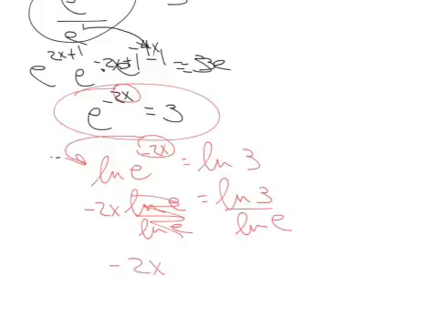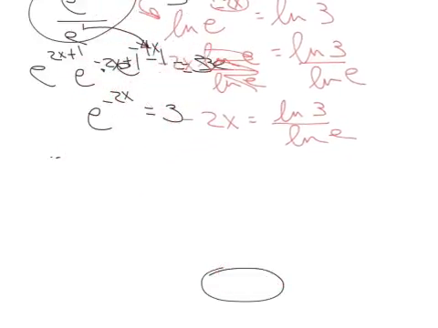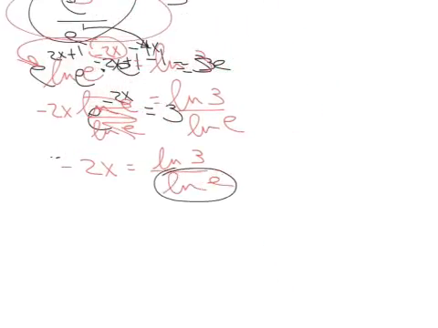Negative 2x equals ln of 3 over ln of e. Okay, so back a lesson or so, you found out that ln of e is 1. So if ln of e is 1, then we get negative 2x equals ln of 3.